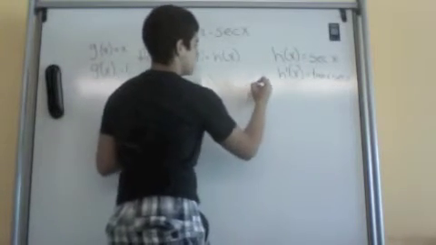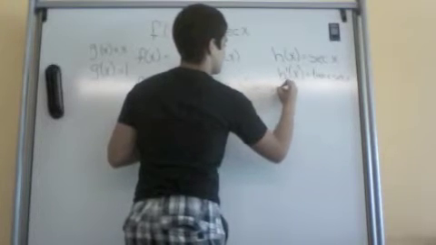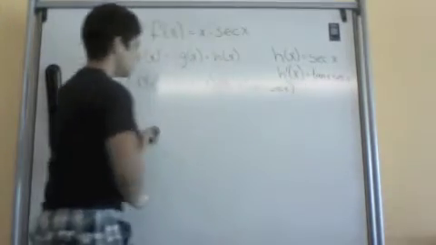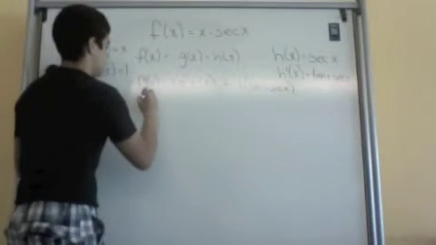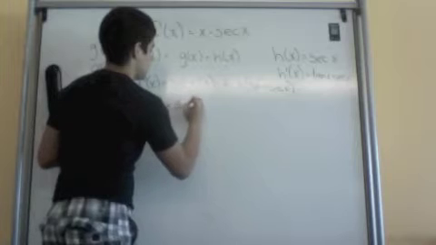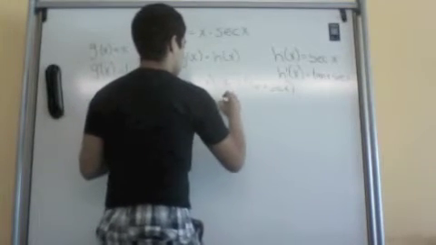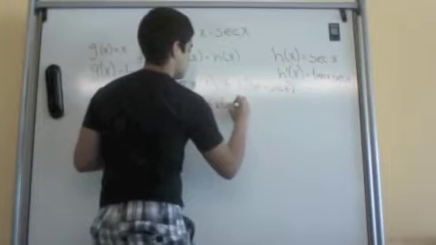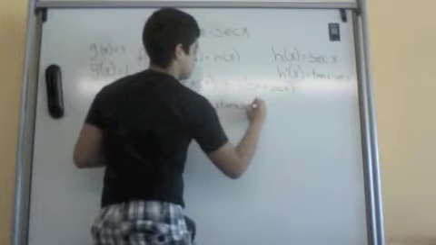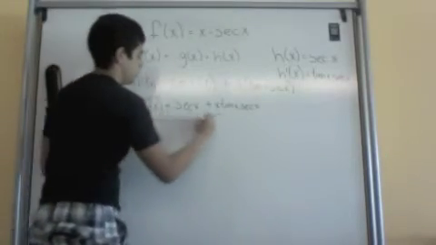So x times tangent of x times secant of x. And when you simplify this, you have f prime of x is equal to secant of x plus x times tangent of x times secant of x. And this would be your derivative.